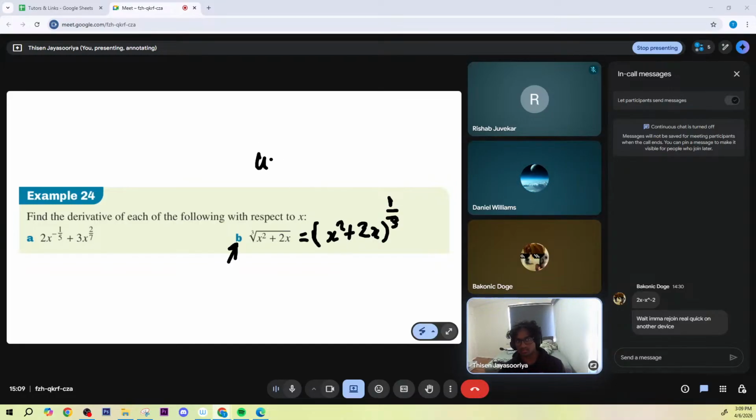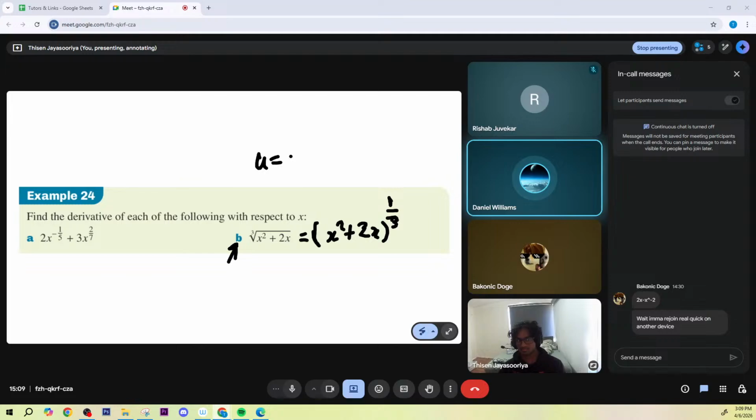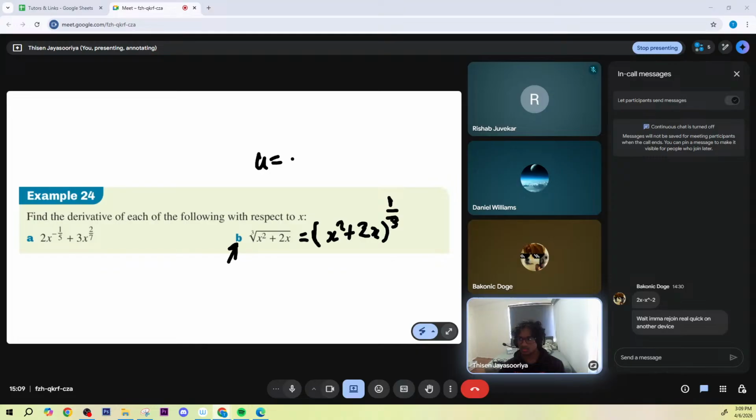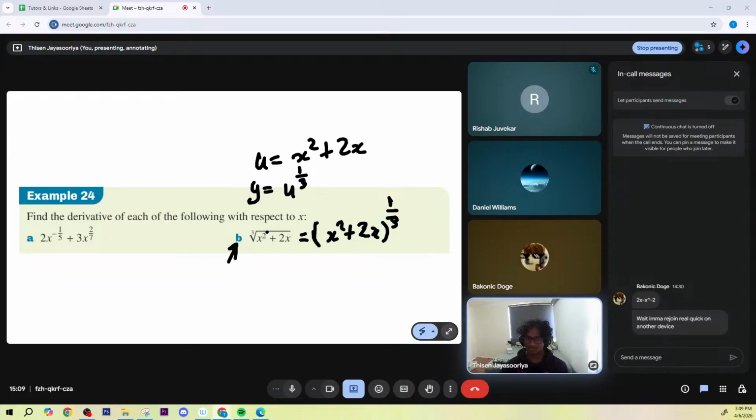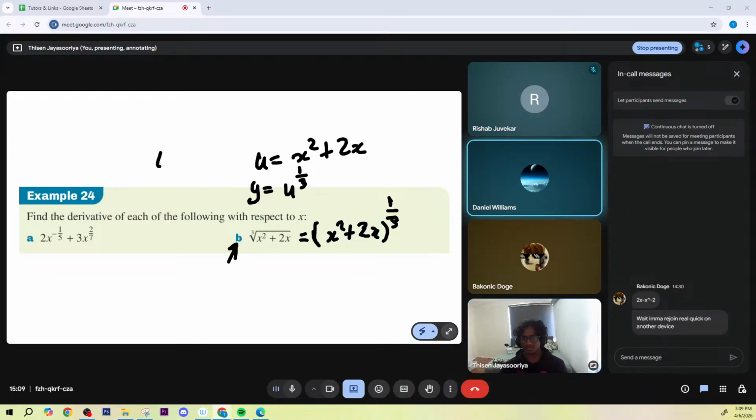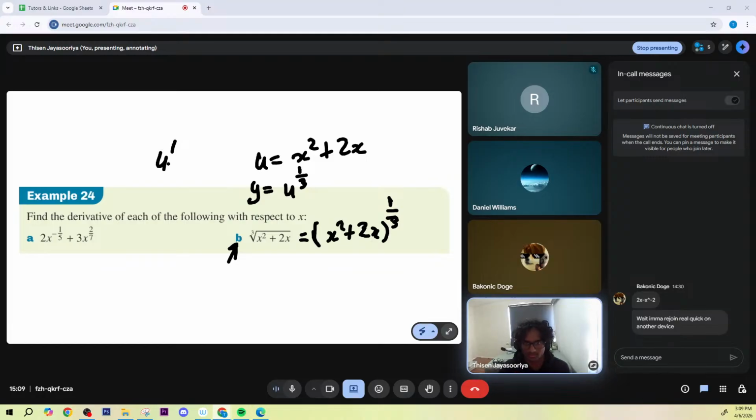So here we have y equals u to the power of 1/3, and then u equals x squared plus 2x. So that means, I'm not going to use y dash, y dash is stupid notation. So du on dx equals 2x plus 2.